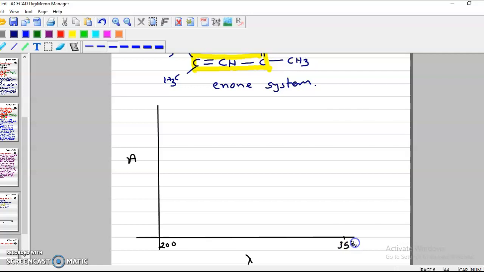I am showing you only a highlight of this. Here you can see a huge peak having a higher value of absorbance, or higher value of epsilon maxima, and this is because of pi to pi star transition.